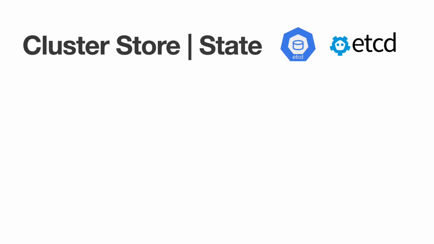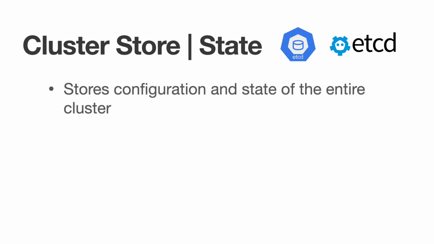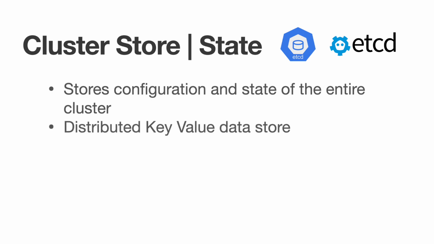Next, we have the cluster store, which really contains all of the state for our application. It stores the configuration and state, and currently Kubernetes uses etcd, which is a distributed key value data store, and etcd is the single source of truth. So it's our database, right? Like any other application that you build, the database contains the source of truth.